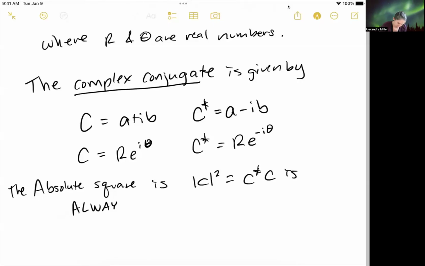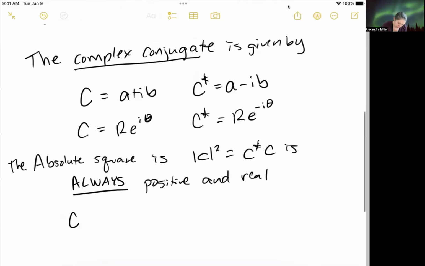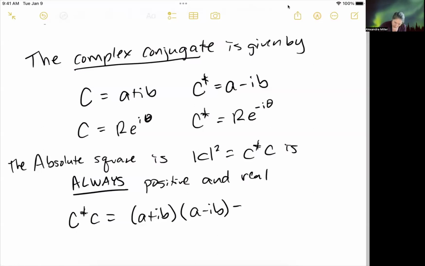And you can see that very quickly. If we calculate C star C, that's A plus iB times A minus iB, which if you just multiply that out, you can see that this is A squared plus B squared. Remember, A and B were both real numbers, and the imaginary i has gone away, and so we're left with something real.